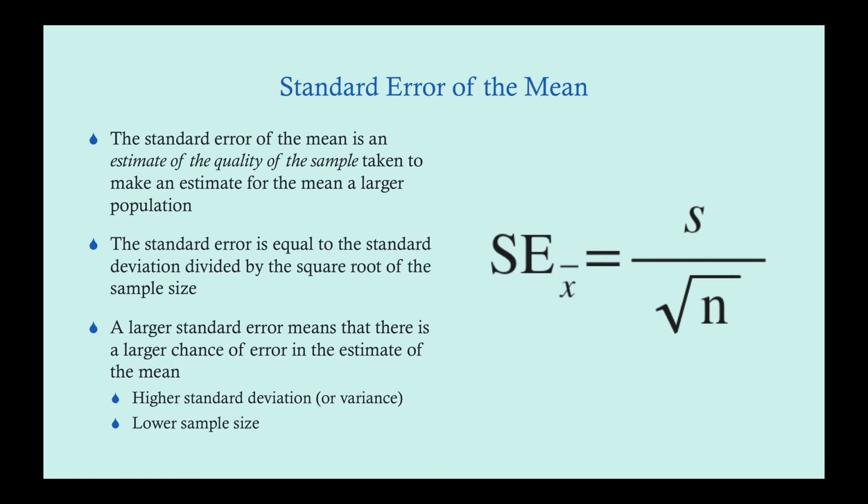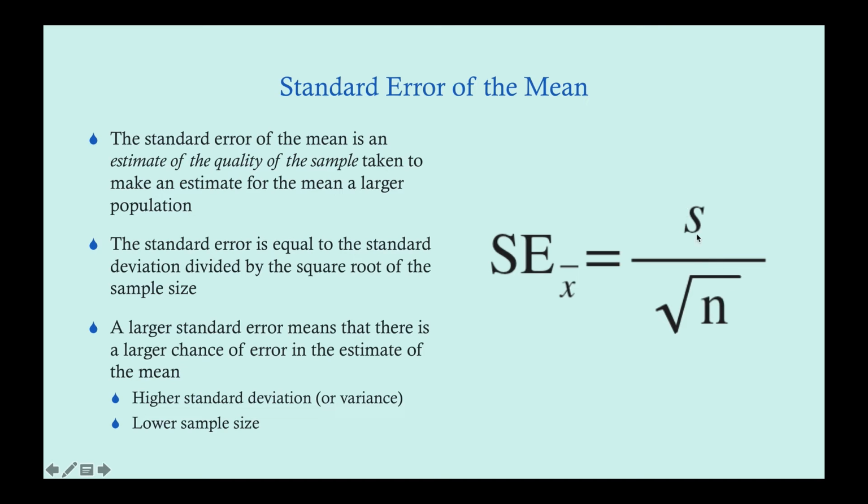So what you do, to find the standard error, is you take your sample, you plot it, you find your standard deviation, which we already talked about how you do. It's just the square root of the variance. You find your standard deviation, and then you divide it by the square root of the sample size. So our sample size is denoted as n. That's just the number of people that you took measurements on.